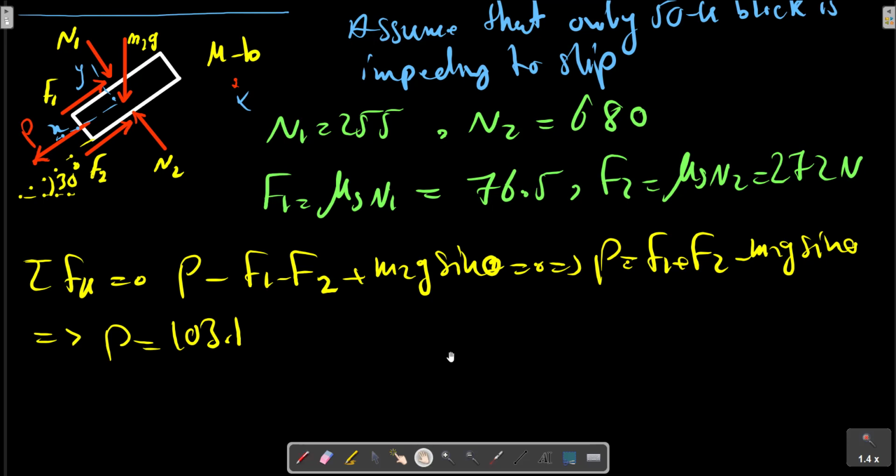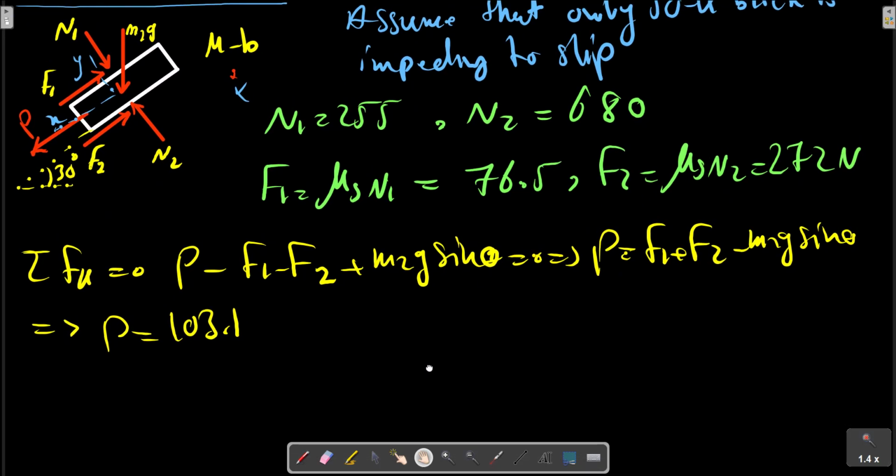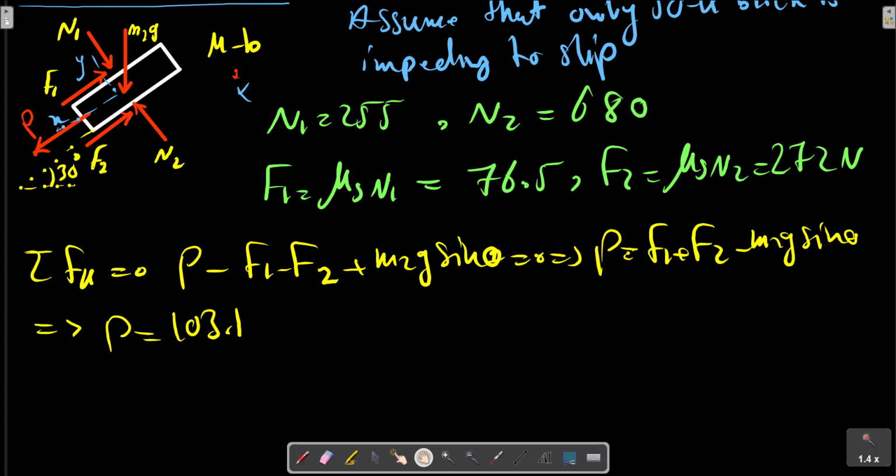So with this P we are going to check if the lower block moves or not. Consider the free body diagram for the lower block.